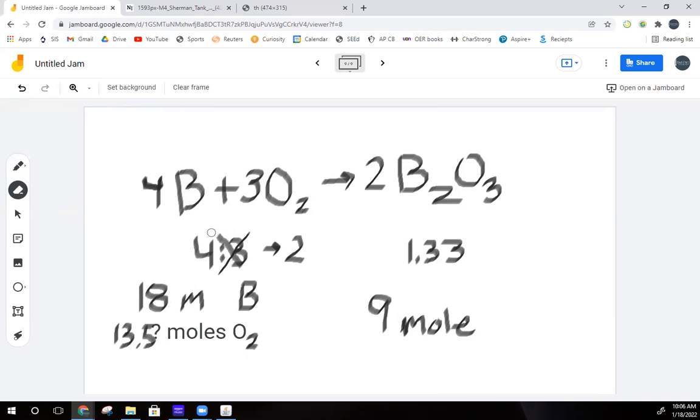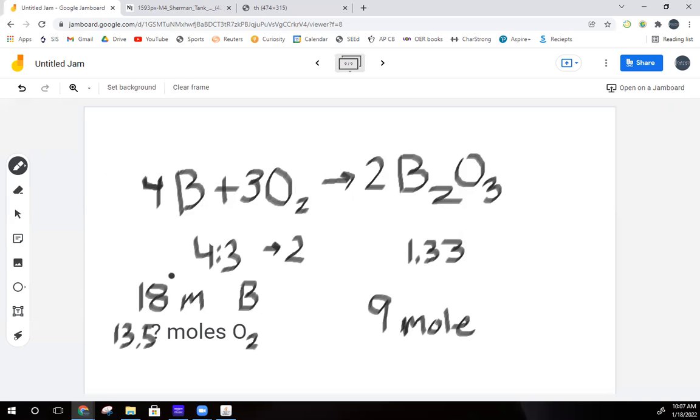Actually, erase that X. 4 to 3 ratio. 4 to 3 to 2 ratio. Because 4 moles of this plus 3 moles of that makes 2 moles of that.